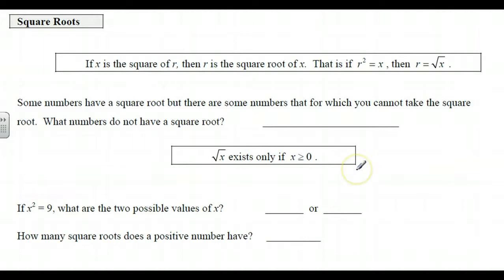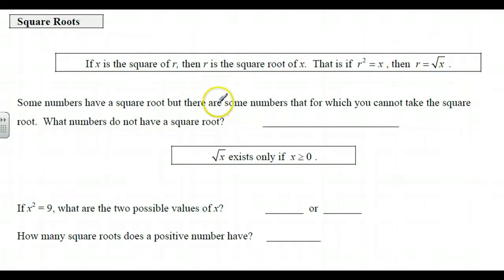All right, let's talk about the roots a little separately here. Let's talk about square roots first. If x is the square of r, then r is the square root of x. Written symbolically, if x is equal to r squared, then r is the square root of x.